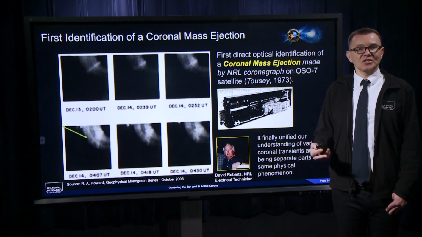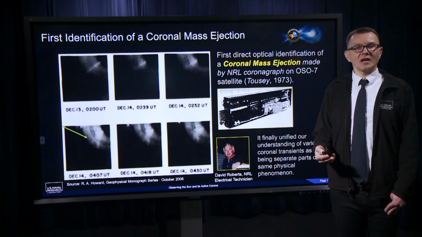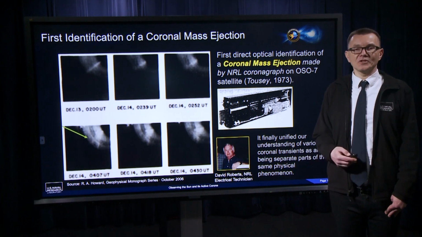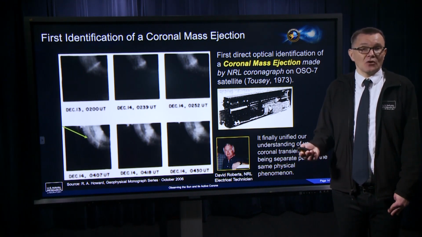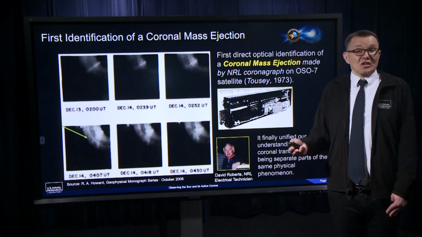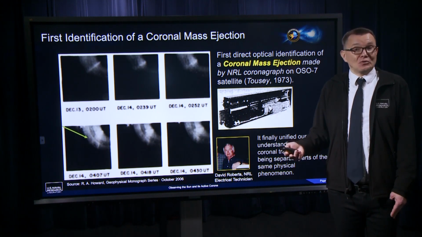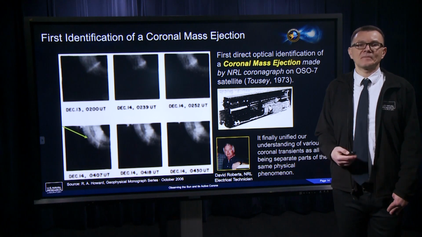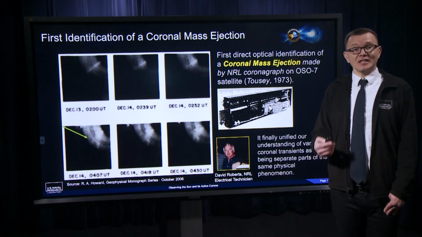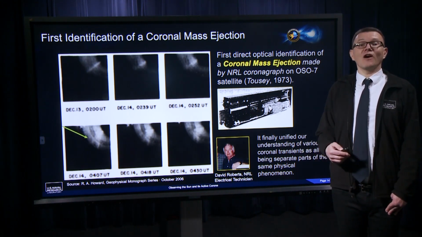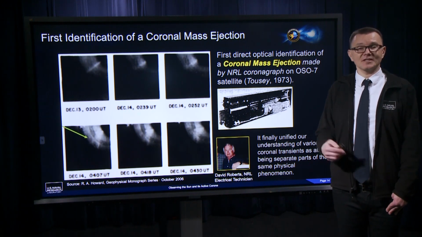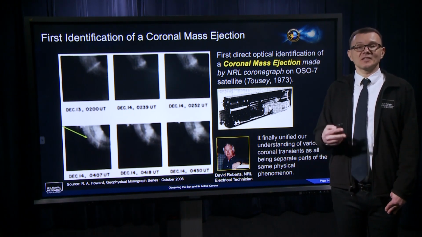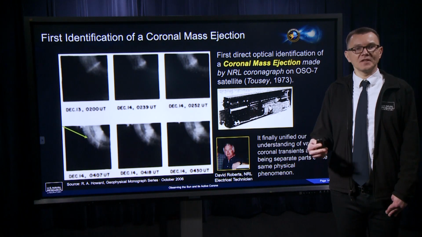But on the next images, the bright area had moved away from the sun, so he immediately recognized that as being unusual and took it to his supervisors, Dr. Bruckner and Dr. Tousey. This observation finally unified our understanding of various coronal transients as all being separate parts of the same physical phenomenon.